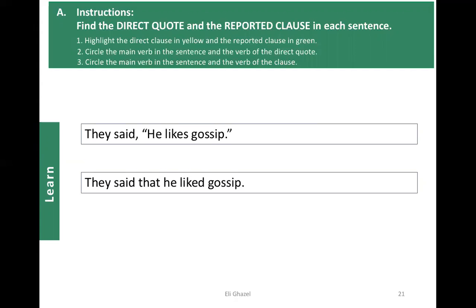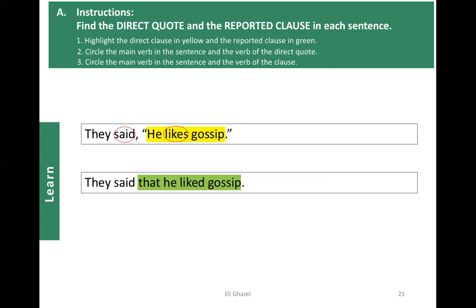So let's first of all find the clause and the reported. He likes gossip. Those are the exact words, direct. And that he liked gossip is the reported clause, or the noun clause in this case. We're going to circle the main verb in both sentences.